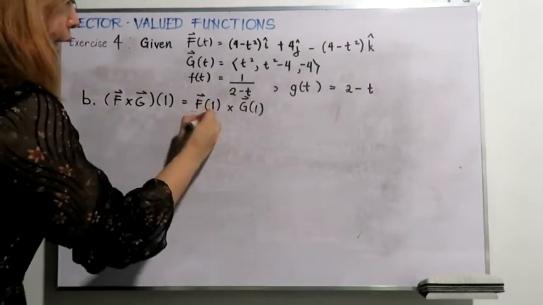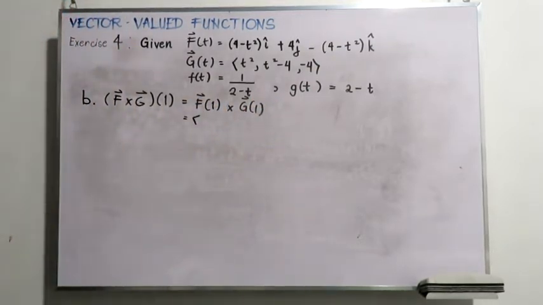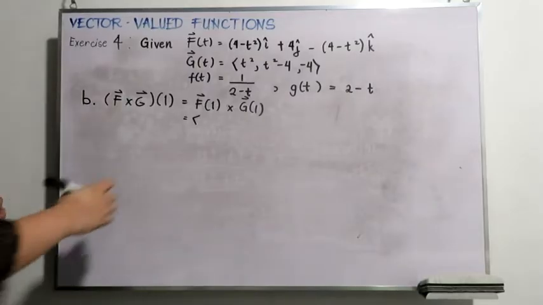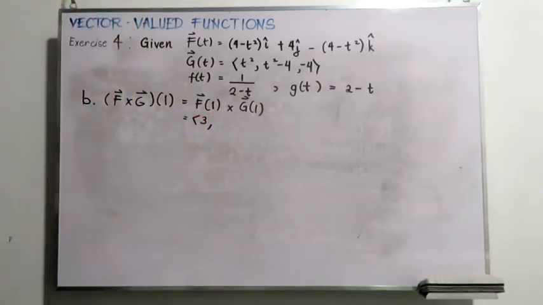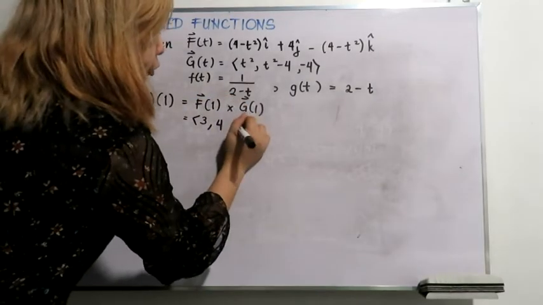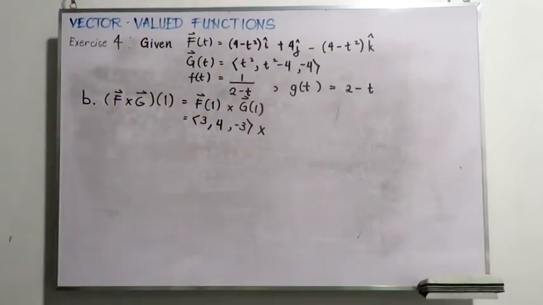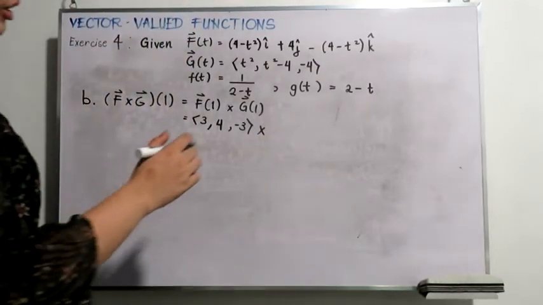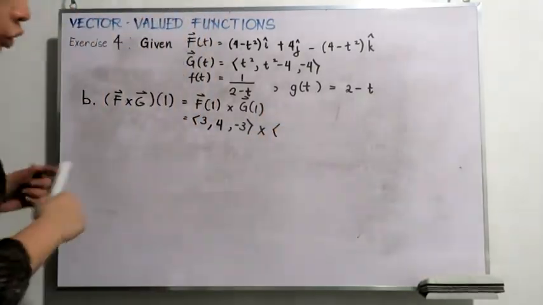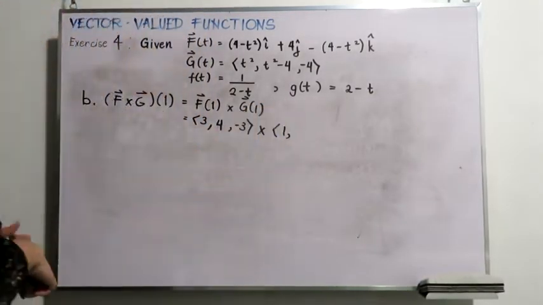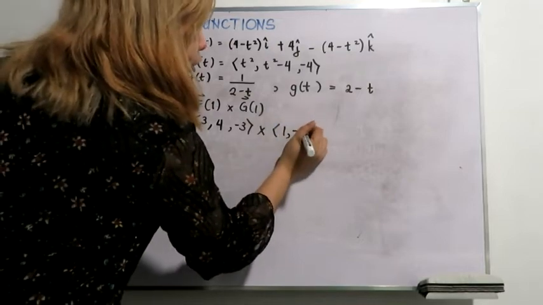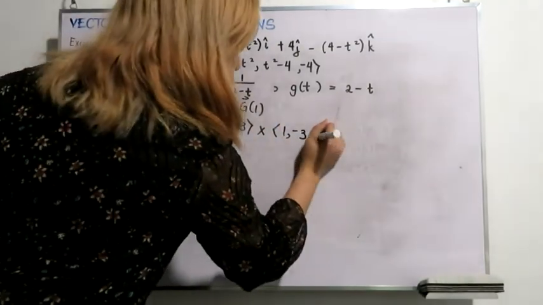Thus, we can first evaluate F at 1, which gives us the vector 4 minus 1, which is 3, 4, negative quantity 4 minus 1, which is negative 3, cross with the vector function G evaluated at 1, which gives us the vector 1, 1 minus 4, which is negative 3, and negative 4.